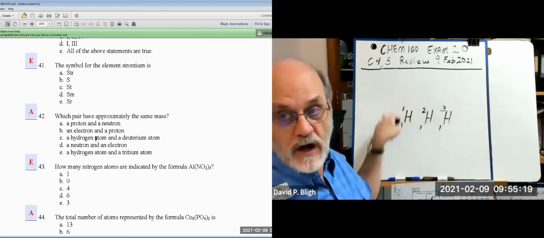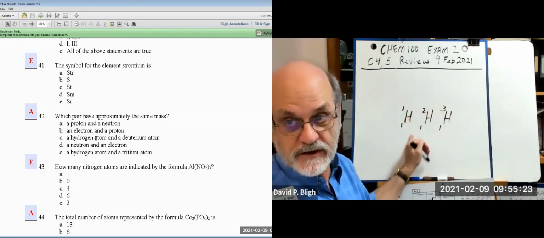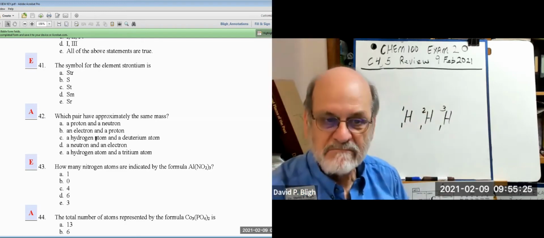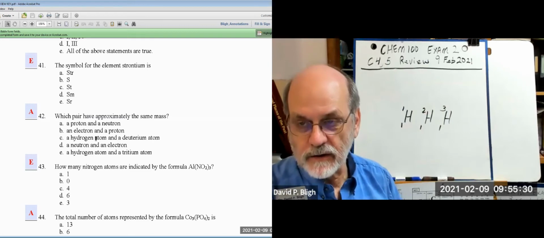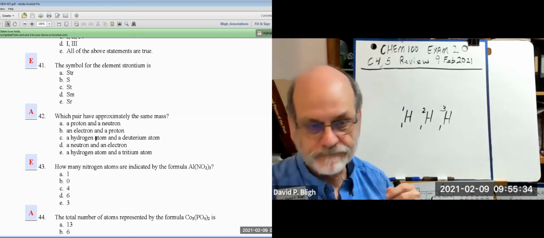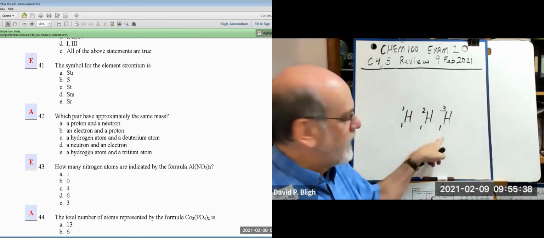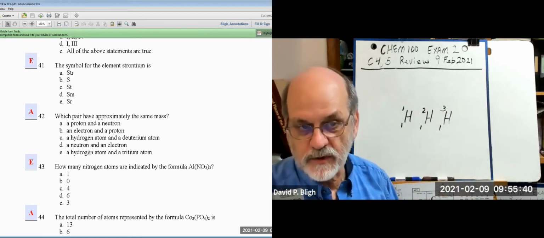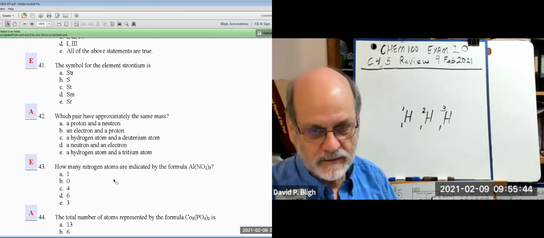But even if it were a combination of all of them, it would still be less massive than this one, because this is the most common one. A neutron and electron, well, no, electrons are about 1,800 times smaller. Hydrogen atom and tritium. So that's comparing this one and that one, right? Same problem with C. That's why A has to be the right answer.